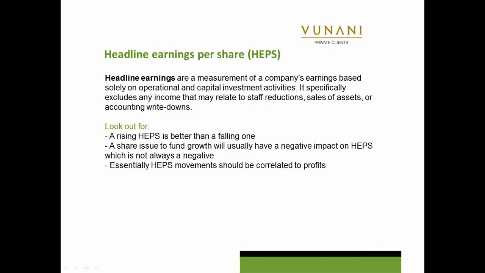Headline earnings. What is headline earnings? It's a measurement of a company's earnings based solely on operational capital and investments. What the headline earnings number does is strip out all the non-operational profits and losses. For example, on the loss side, there could be a strike that took about 2 months.